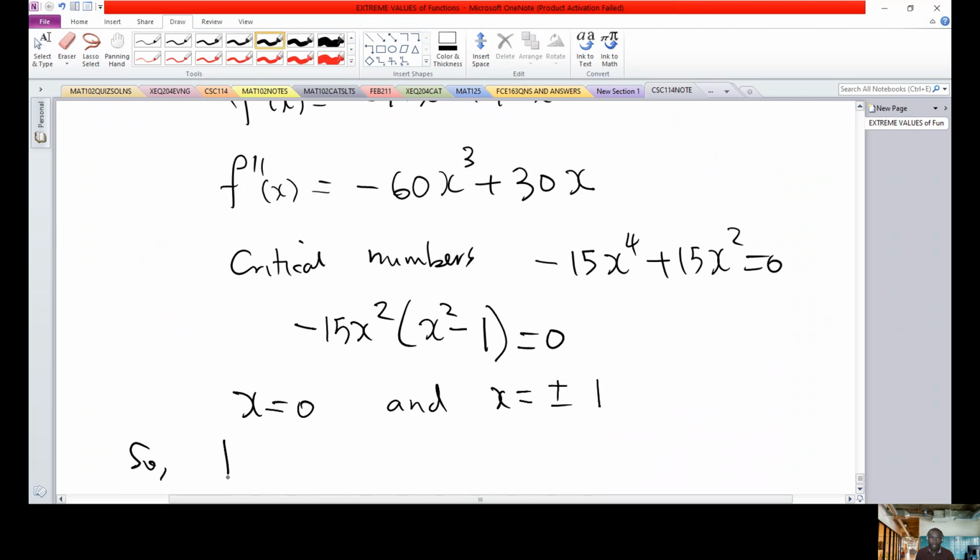So the critical numbers are x equals 0, x equals negative 1, and x equals 1.